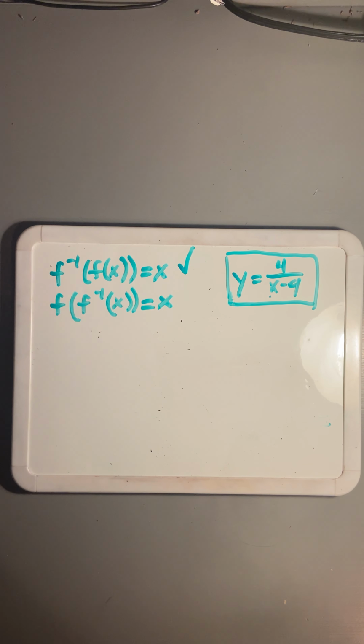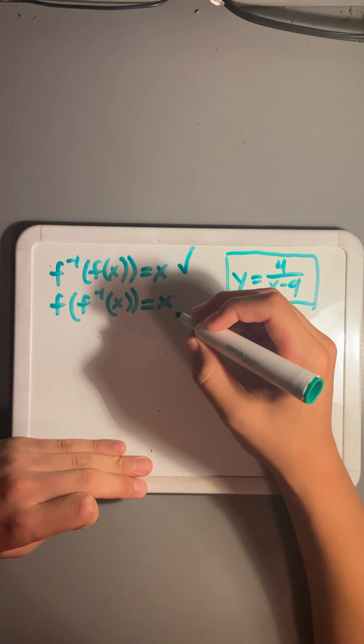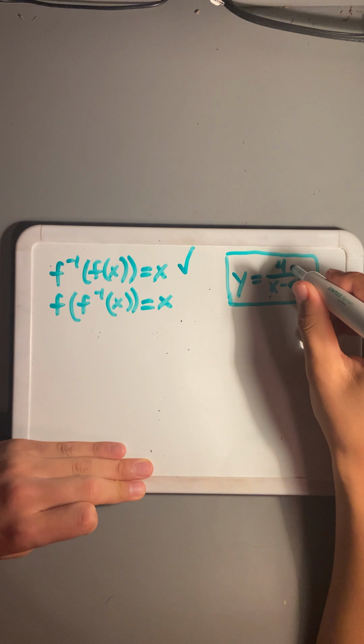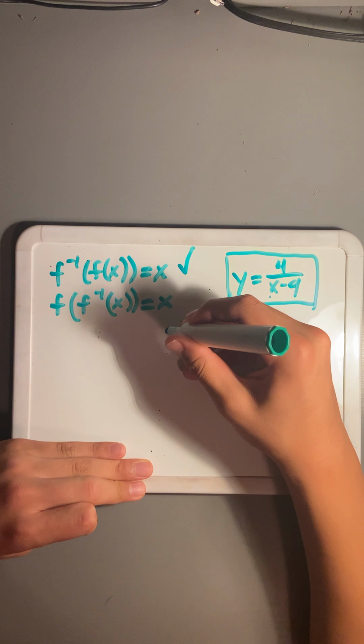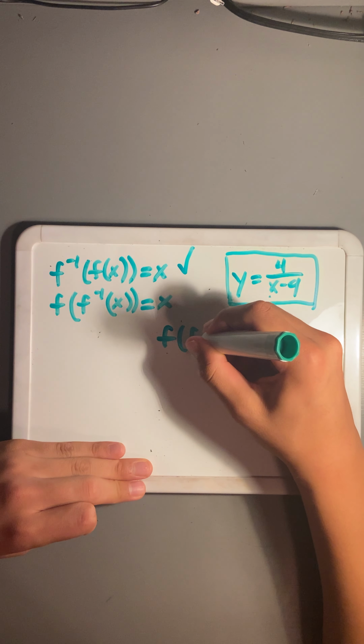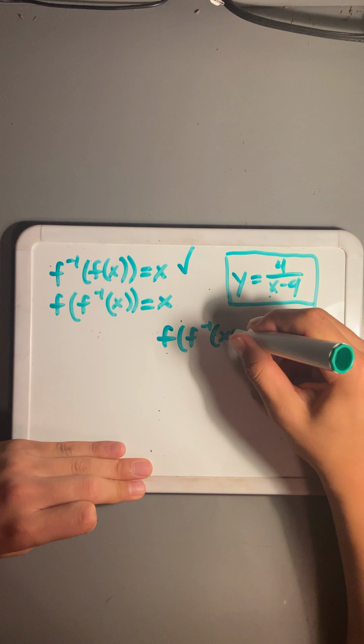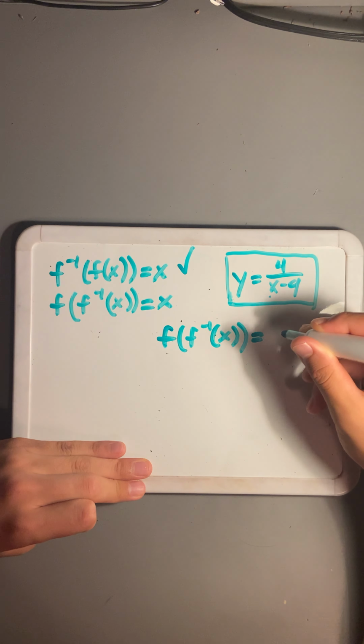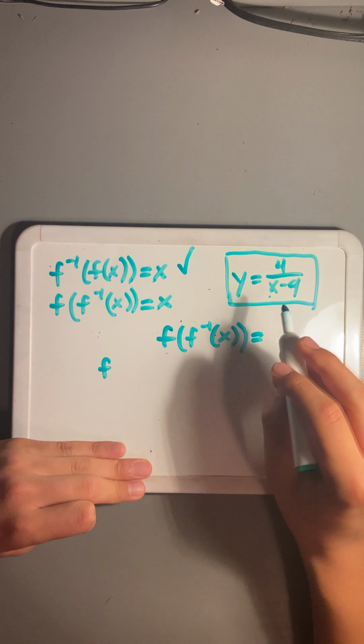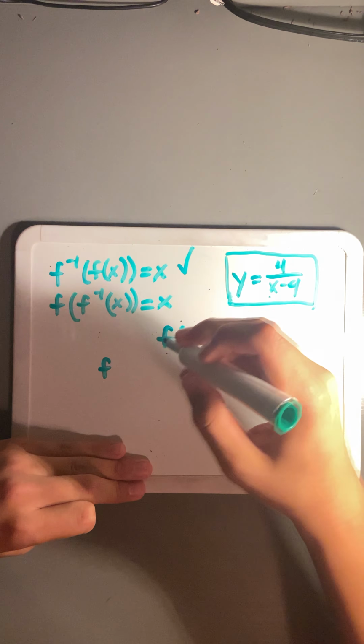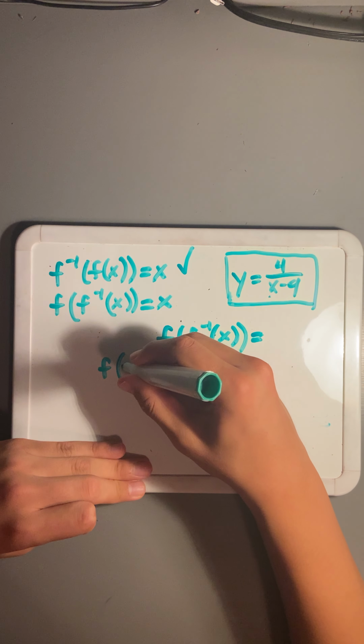Now we must prove if the function of the inverse function works. So our inverse function is this. Let's plug that in. So f of f inverse of x equals f of, this is our inverse function, so we can just plug that in.